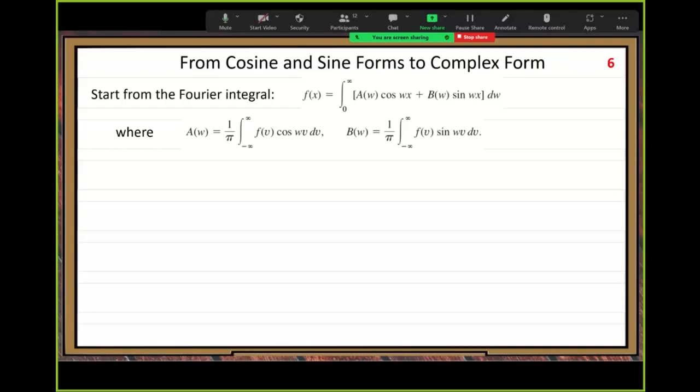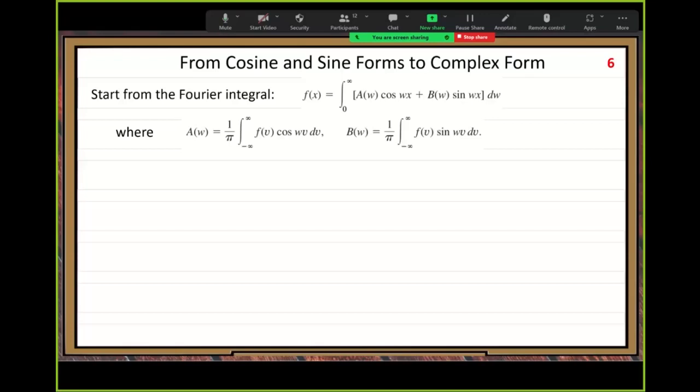The Fourier transform is defined on general functions. So here we need to go back. The cosine form is for the even function, the sine form for the odd function, two special cases. But when we combine, we need to extend to the general function.